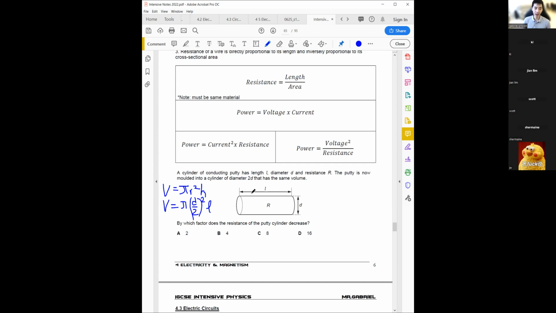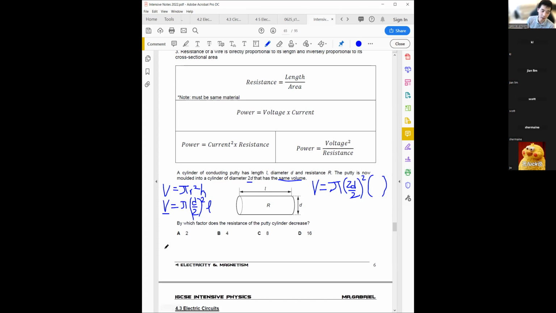Then they say that it is remolded into double the diameter. Because it has the same volume, I can still use V here. So V is equal to pi (2D over 2) squared, and then there is one missing component here. I don't know what the length is here, but through mathematics, right?